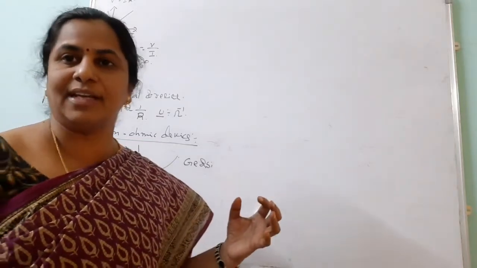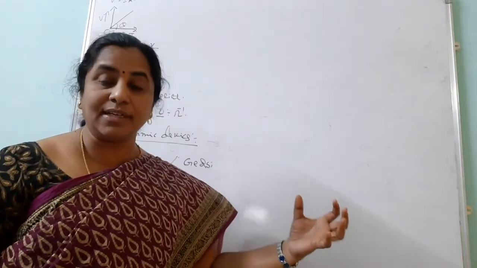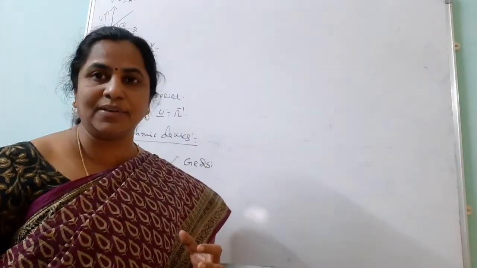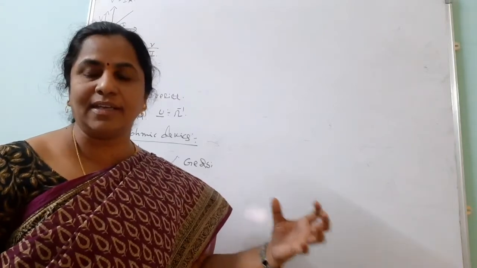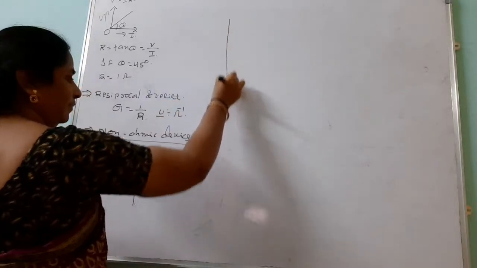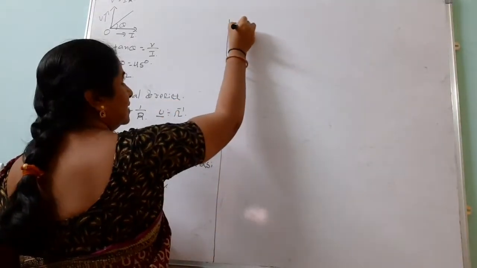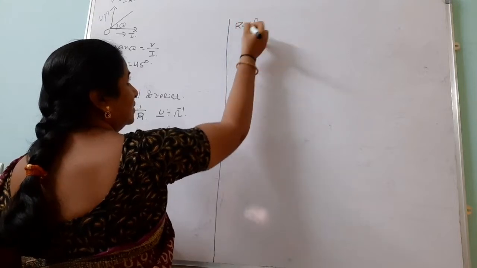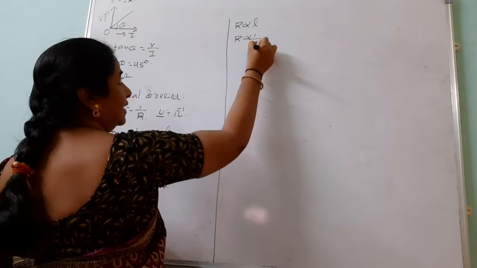So from this we get clarity on how to find the resistance. Then one more thing, resistance does not depend only on potential and current. It depends on the dimensions of the conductors also. Here resistance is directly proportional to the length of the conductor and inversely proportional to the area.